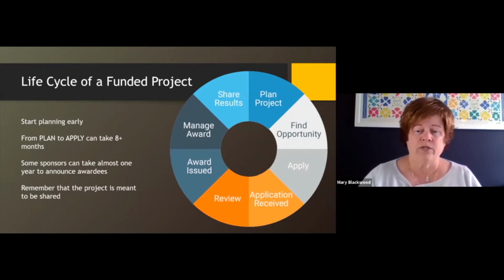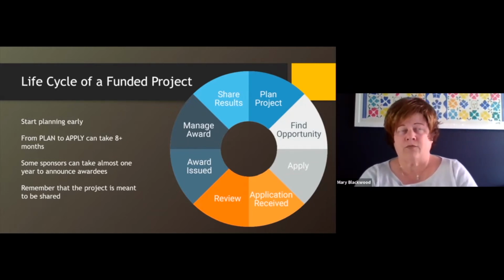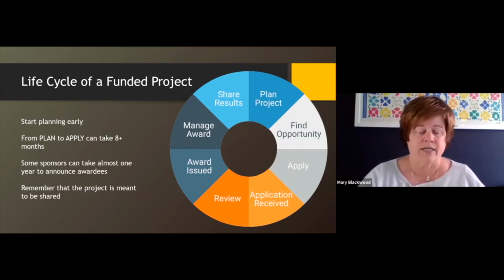So the grant review team that most sponsors put together is a group of people from outside the sponsor, experts in the field, but sometimes not experts. Sometimes the sponsor itself will do some of the reviewing, especially for a smaller grant.